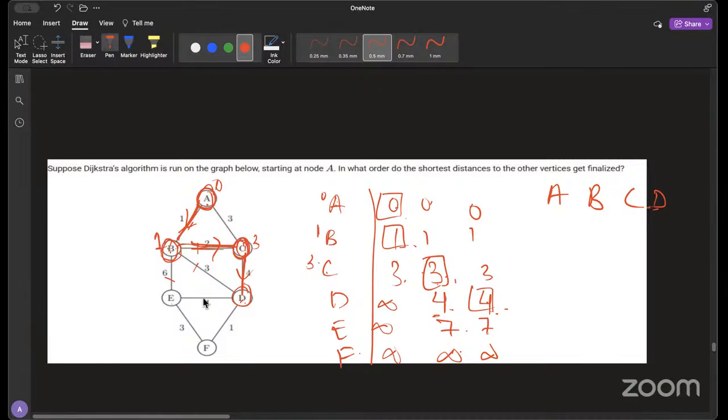I am saying that A to B, then B to D. Can we go like that? B to C will be there. And from B to D, that would cost us 4, 3 plus 1. That's all right. You're talking about the path, that this path is going to be shorter, right?